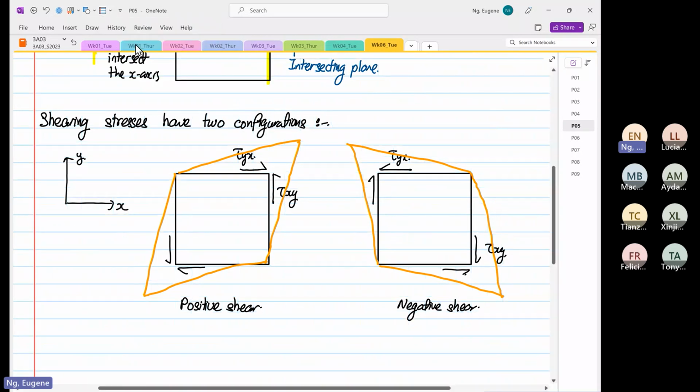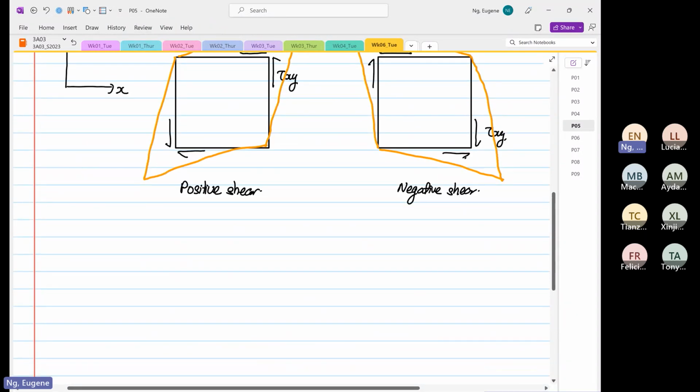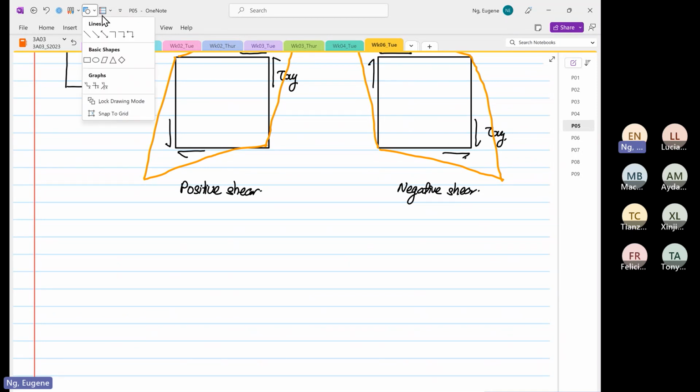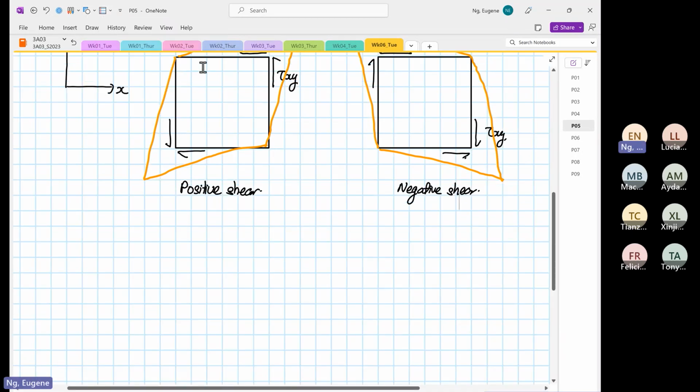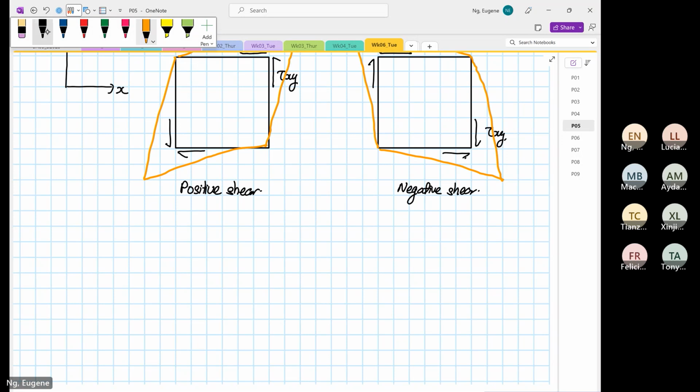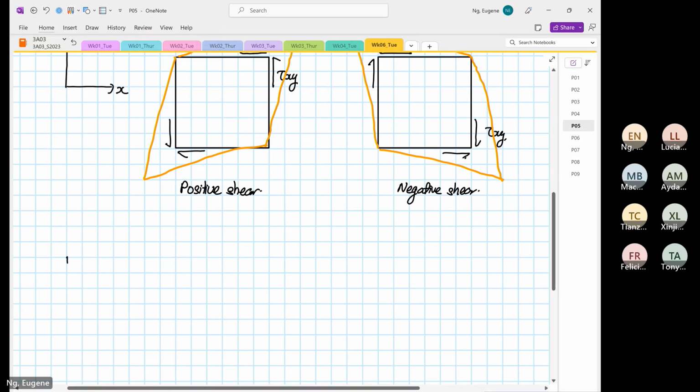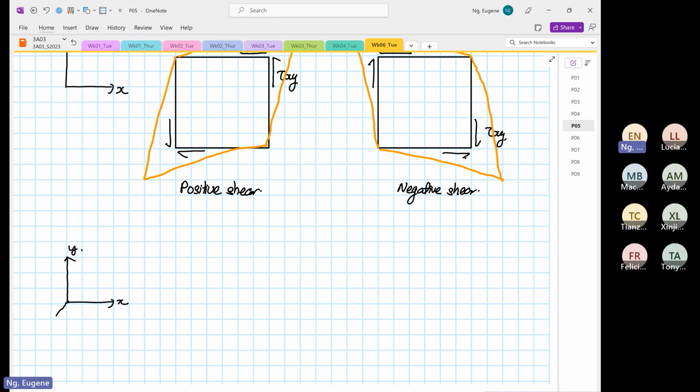So the next thing that we are going to look at: if we're going to draw this in 3D, okay, we're going to draw this in 3D now. How does it work? Okay, so now I'm going to sketch a 3D element. So this is our X, Y, and this will be our Z. Okay, so I'm going to draw the shear.